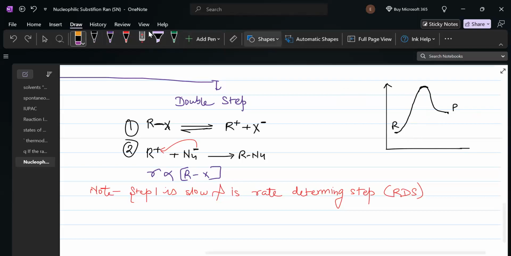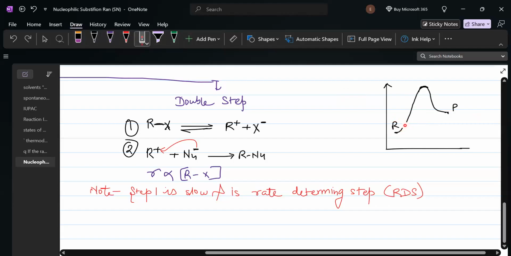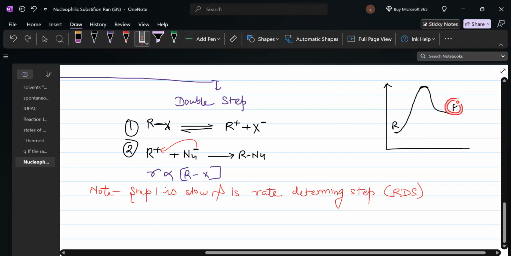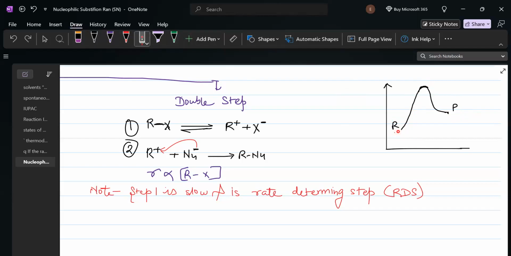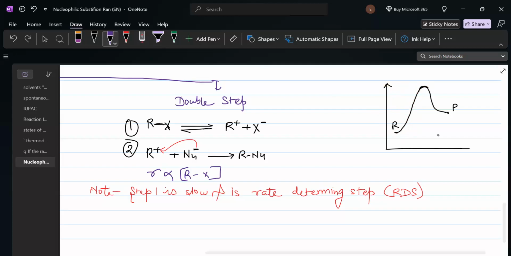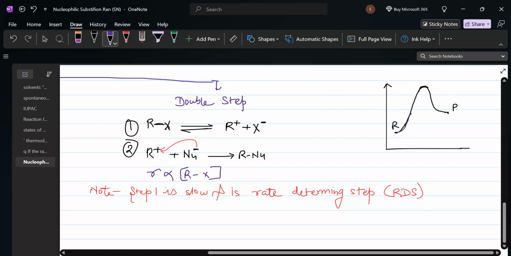What I want to say in this graph is that this reactant has to go to this product, so it has to cross a big energy difference from here to here. So the energy difference is very high. Do you remember we apply a catalyst and this reduces it and the product will form easily? Do you remember?